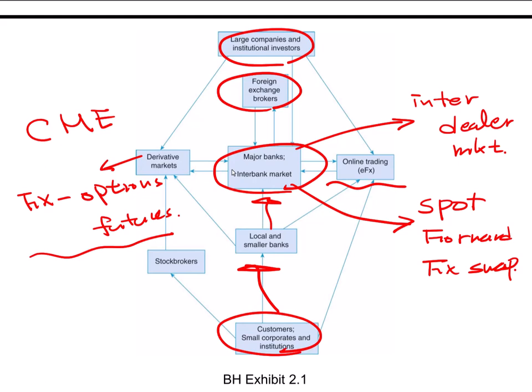So traditionally, we have the tier 2 market here, and other than this one, we have the tier 1 market. There's no central marketplace. Everything is connected by some kind of communication system. Nowadays, because of online trading and others, we have bigger trading activity happening in this venue.